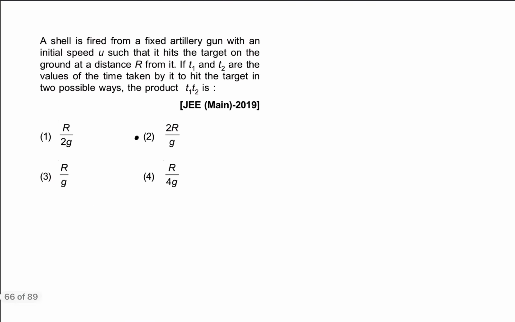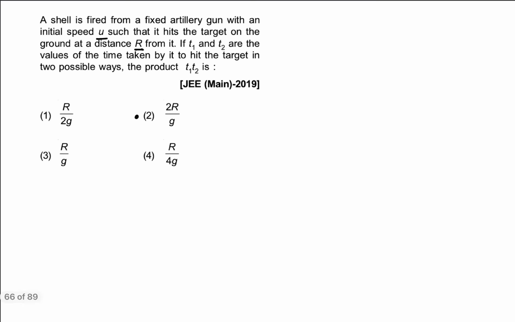Next question. A shell is fired from a fixed artillery gun with an initial speed u such that the target on the ground is at a distance r from it. If t1, t2 are the values of the time taken by it to hit the target in two possible ways.